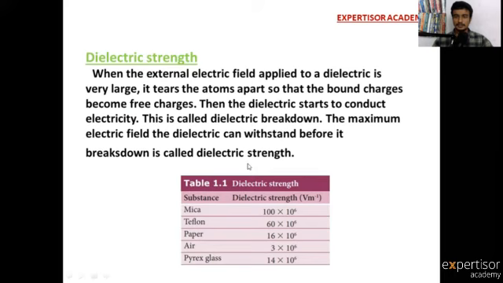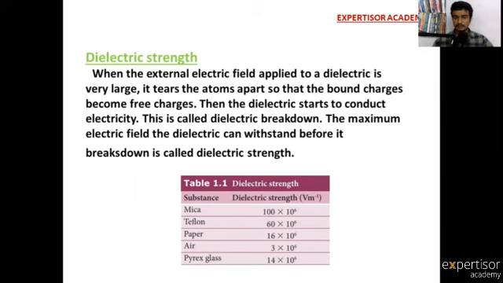The charges bound with atoms break down when you apply the external electric field. Before that process, the strength of the dielectric is measured.